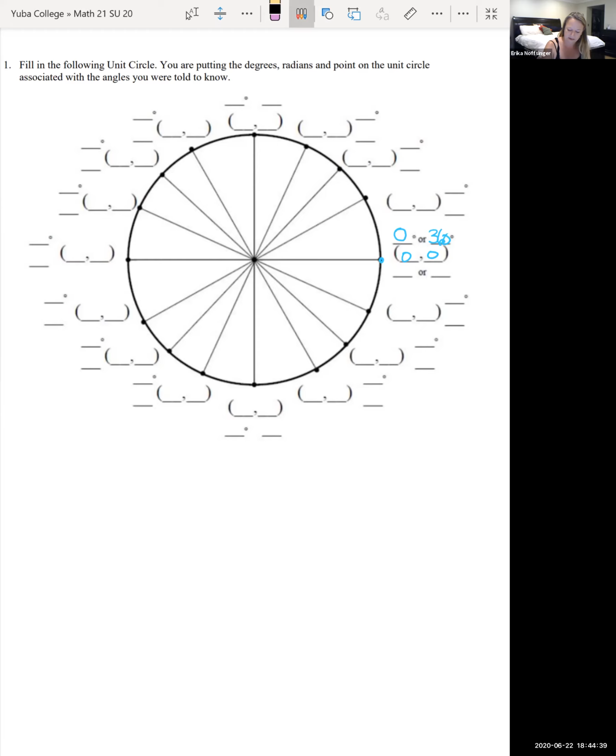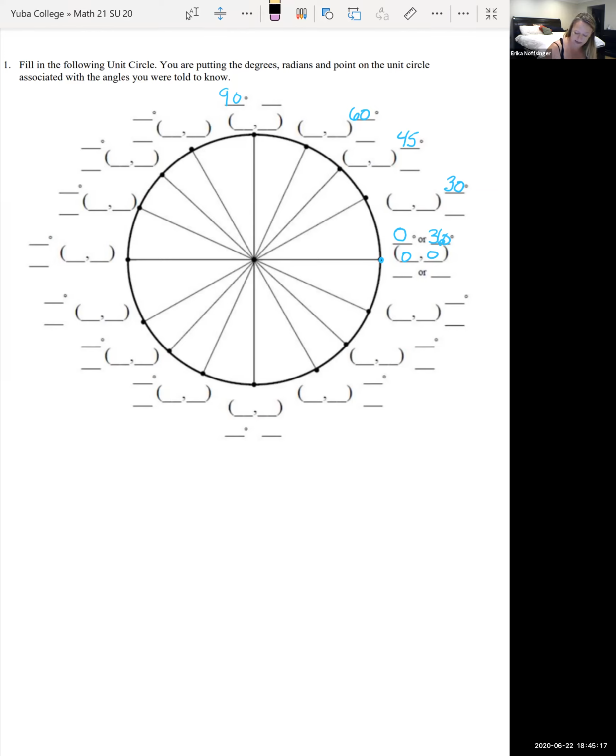Now let's go around in degrees and then we'll go back and put in our radians. If we rotate, the next one is 30 degrees. Here is 45 degrees, 60 degrees. So the y-axis, this is 90 degrees. To get to this, our reference angle is 60 degrees.